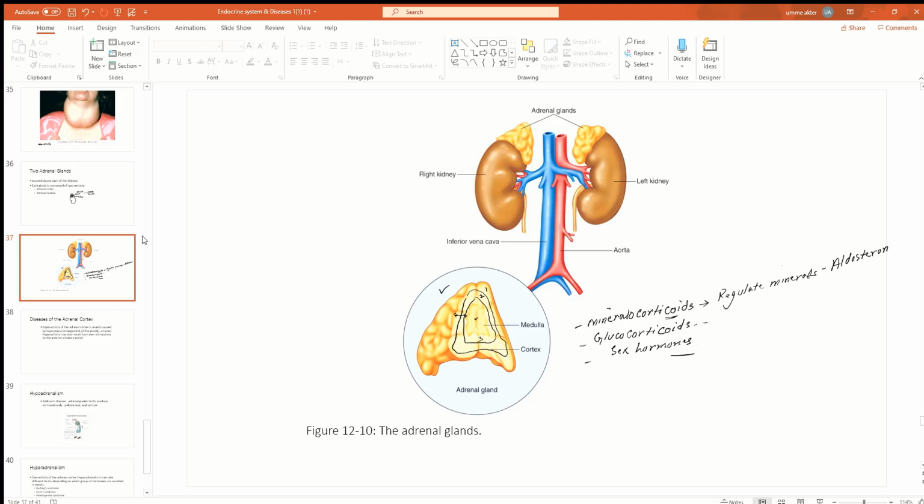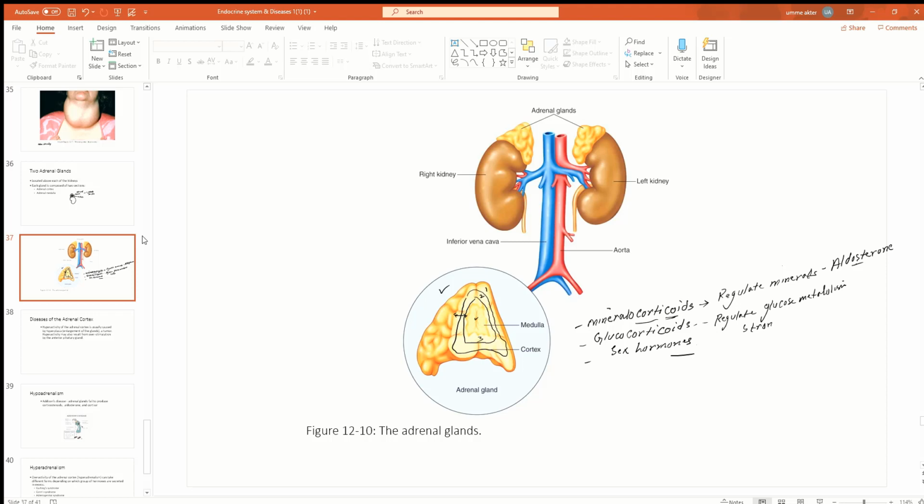It works on the kidney and regulates the sodium in the body. So this is the most prominent mineralocorticoid. Glucocorticoids regulate glucose metabolism, and have a strong anti-inflammatory action.